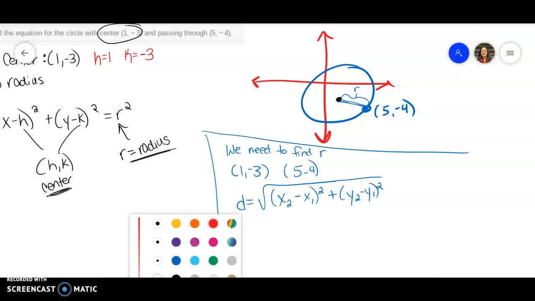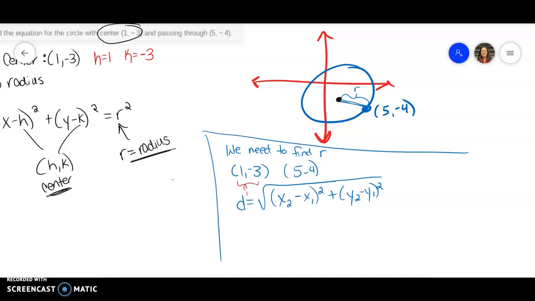The biggest problem here, usually this is where students run into trouble. What they do is they kind of put the wrong numbers in the wrong spots. So what I like to do is if I'm going to designate this as point 1, I'm going to label this as my x sub 1 and label this as my y sub 1.